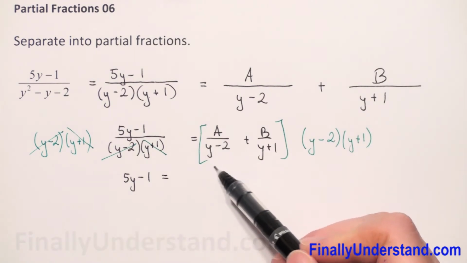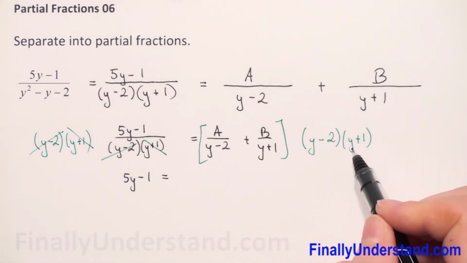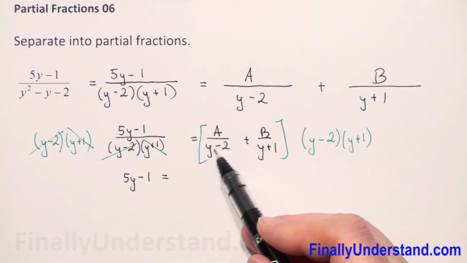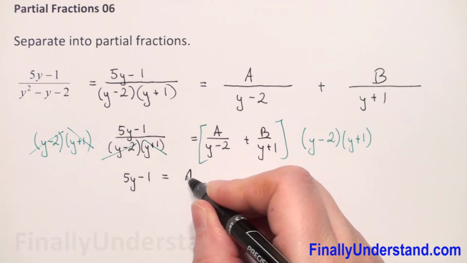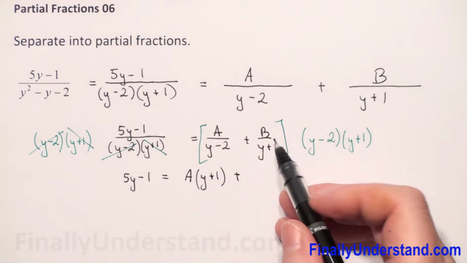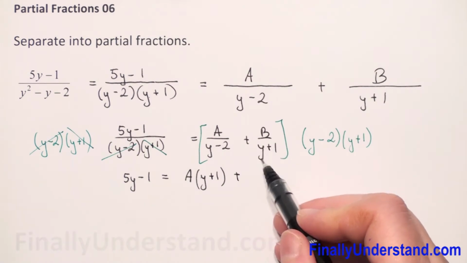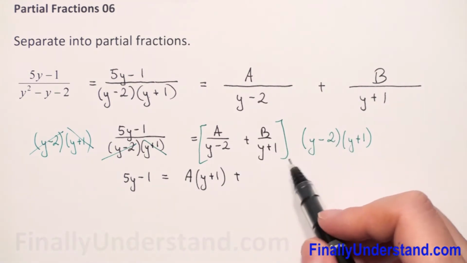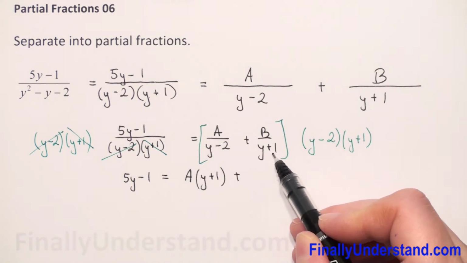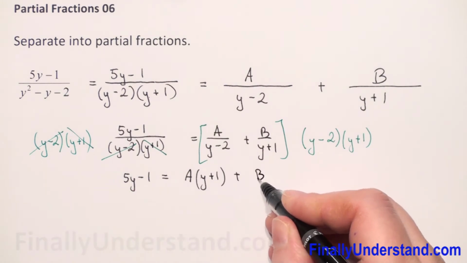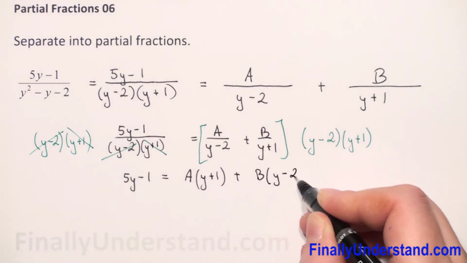When we multiply first fraction by y minus 2 times y plus 1, we see that y minus 2 will reduce with denominator. So we will have only a times y plus 1. And when we multiply the second fraction by this whole expression, we see that y plus 1 will reduce with y plus 1. So we will have only b times y minus 2.